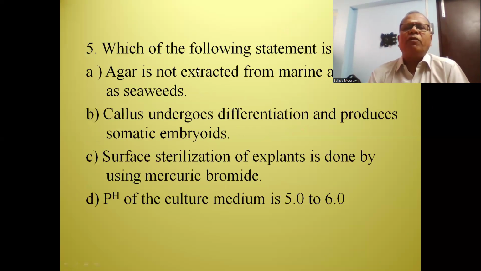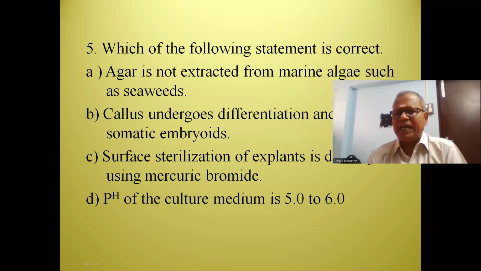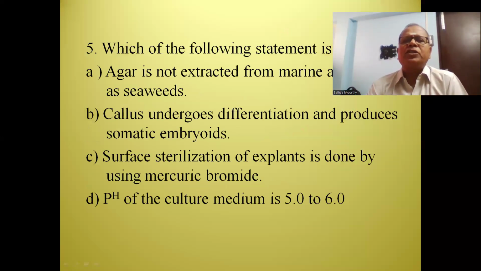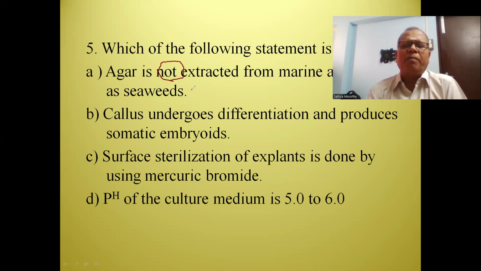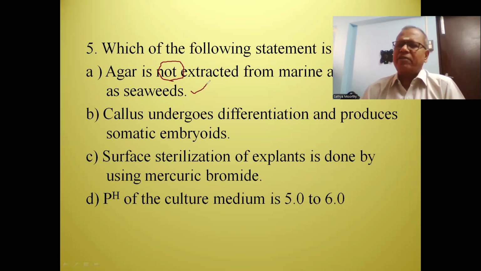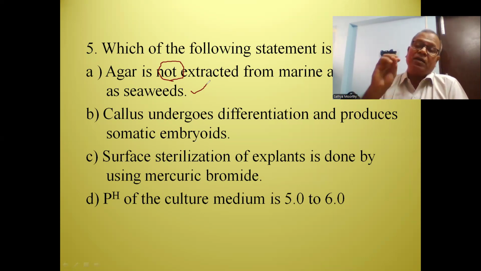Next question for you. Which of the following statements is correct? First statement: agar is not extracted from marine algae such as seaweeds. Marine algae, mostly red algae: agar-agar, the gel-like non-nitrogenous substance extracted from the cell wall of rhodophycean members, Gracilaria and Gelidium.